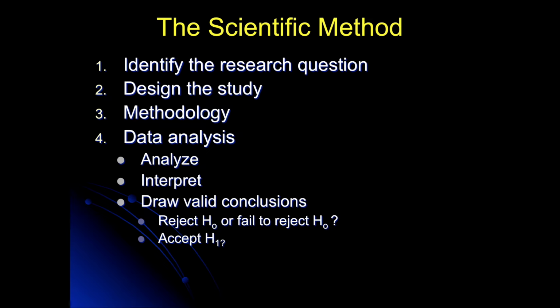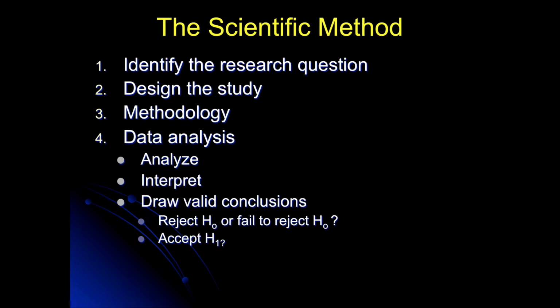So you need to be able to analyze all those data that you collected and then interpret the findings. What do the findings mean? Is there anything there? How do you do that? And from those interpretations, can you draw valid conclusions? So going back to the hypothesis, which is typically represented in statistics as H sub naught, so H0 here, and H1.